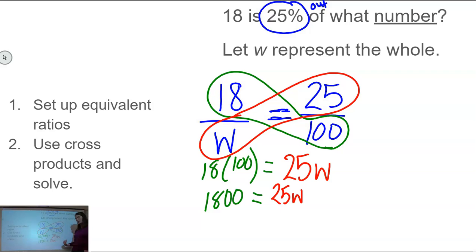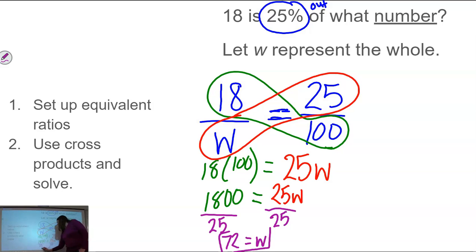To undo the multiplication, we're going to divide by that same number. So we are going to divide by 25. So 1800 divided by 25 is 72, your whole. So 18 is 25% of 72. Okay, I'll just circle it like that.